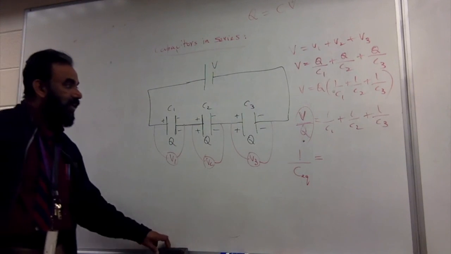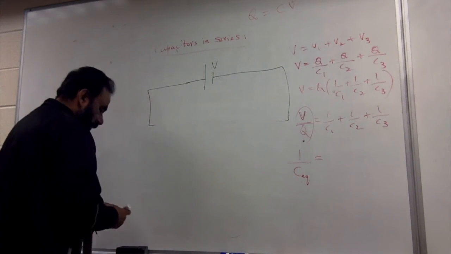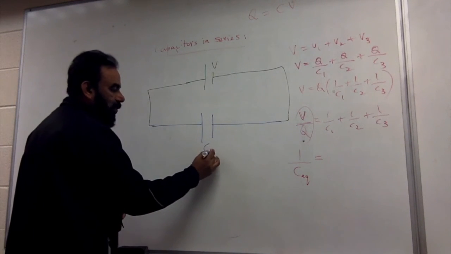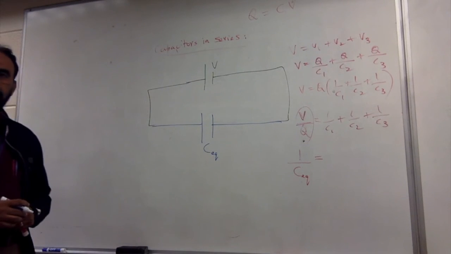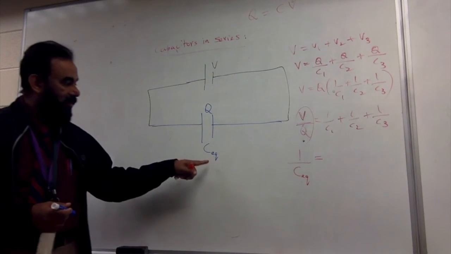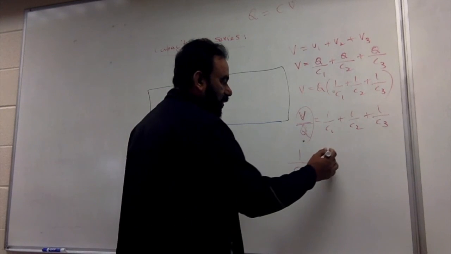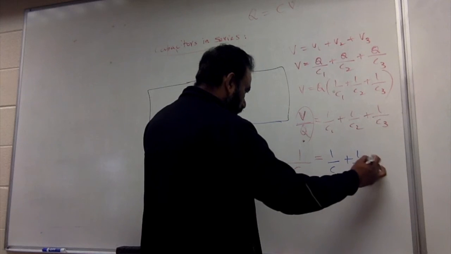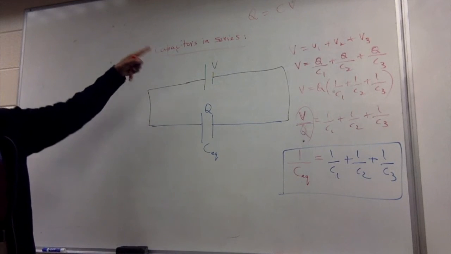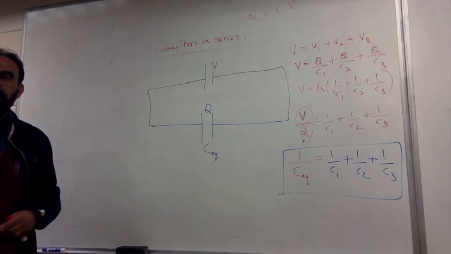Meaning, if I remove this whole thing and substitute it with one capacitor whose capacitance is C equivalent, it will still get the same charge Q and that voltage. So that is called the equivalent capacitance of the three of them. So what you see here is 1 over C equivalent is 1 over C1 plus 1 over C2 plus 1 over C3. And this is for capacitors in series. You see it? That is for capacitors in series.